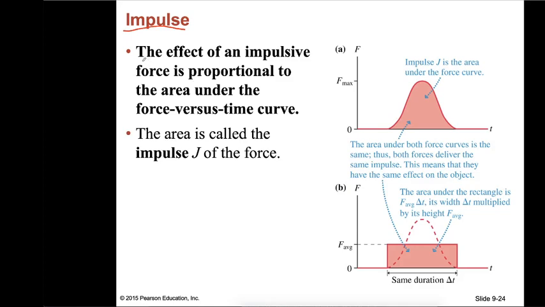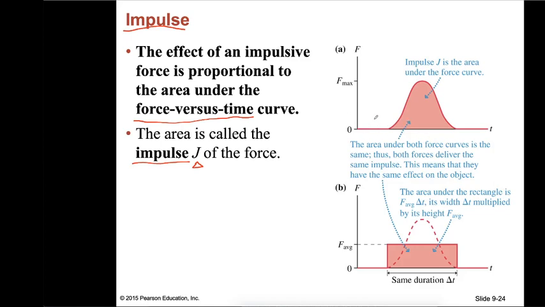The effect of an impulsive force is proportional to the area under the force versus time curve, for example, which is shown here. The area is called the impulse, and we use the letter J to represent the impulse of the force. Okay, so here is our definition of impulse.